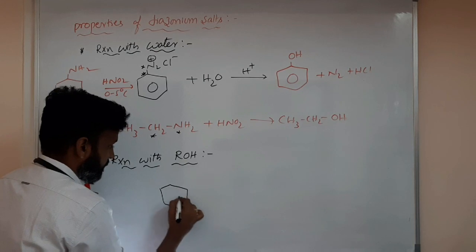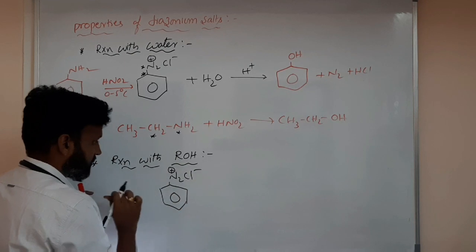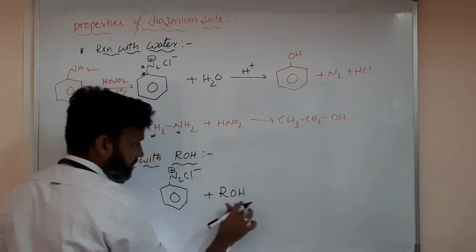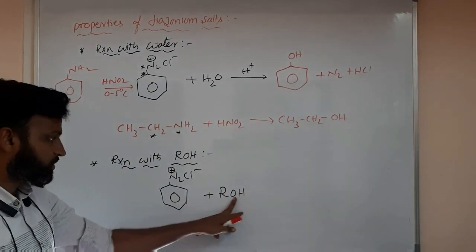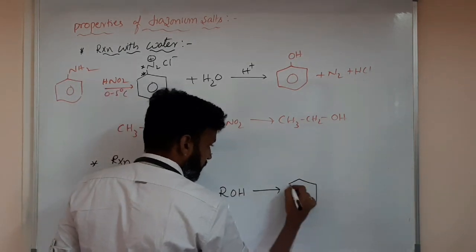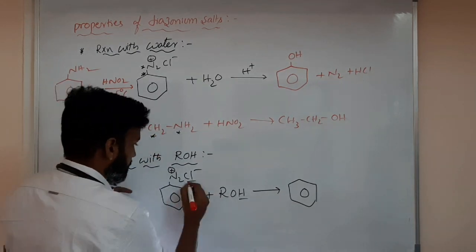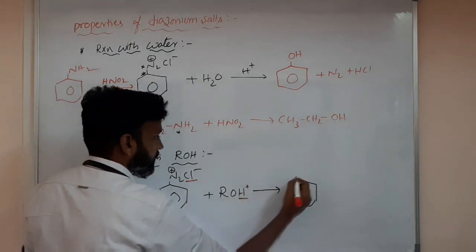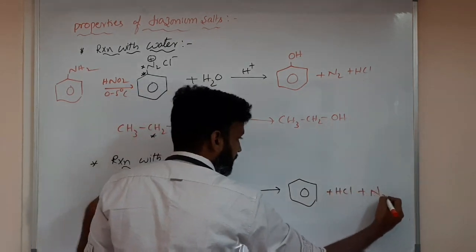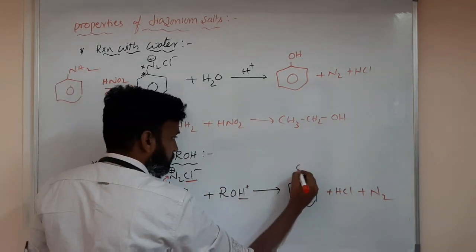So C6H5N2+ Cl-, the diazonium salt, when it reacts with ROH, any alcohol like CH3OH, C2H5OH, HCl will come out and N2 will come out, this bond will go, and OR- adds here.